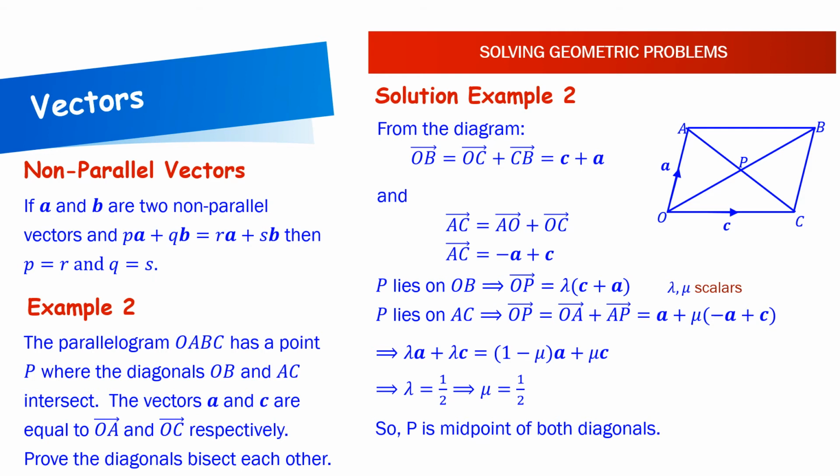And therefore, P is the midpoint of both diagonals, since P lies on OB and AC, and OP equals a half times c plus a. And therefore the diagonals bisect each other. And we have proved our example.